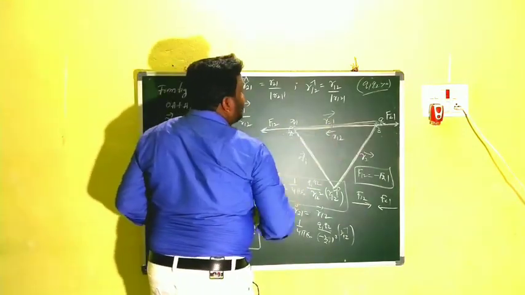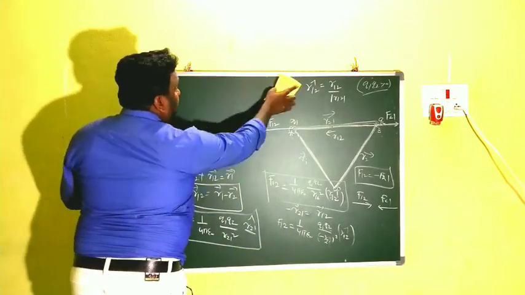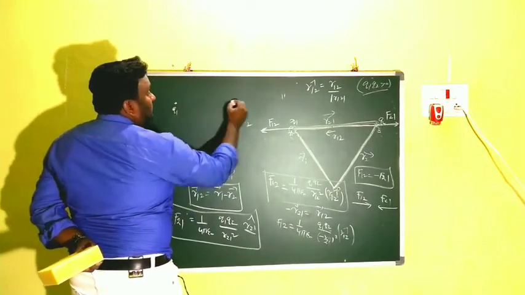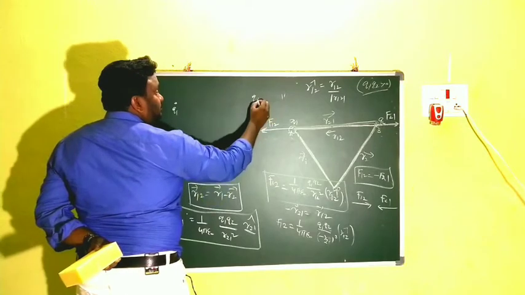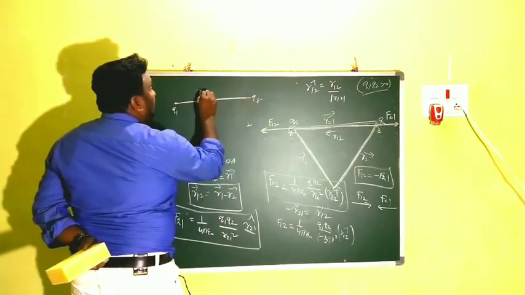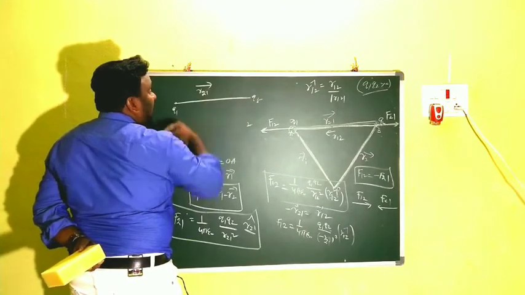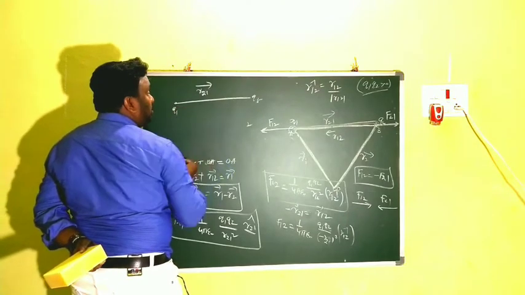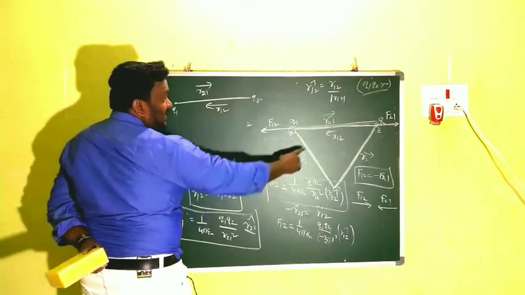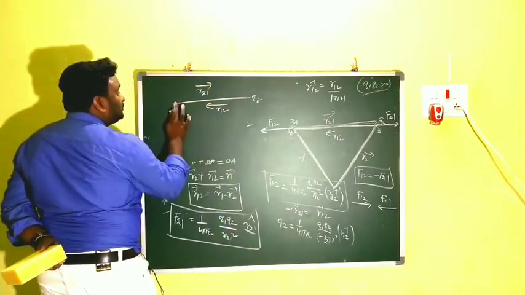This is when Q1 Q2 is greater than 0. For example, now this is Q1 and this is Q2. If both are similar charges, as I already told you, R21 is the position vector from Q1 to Q2, and this is R12. Clear? Same thing, R21, R12.